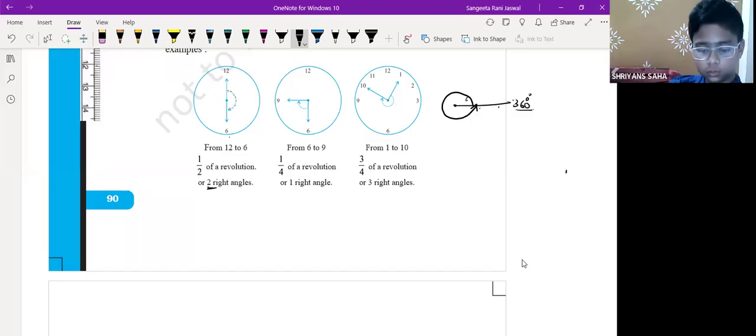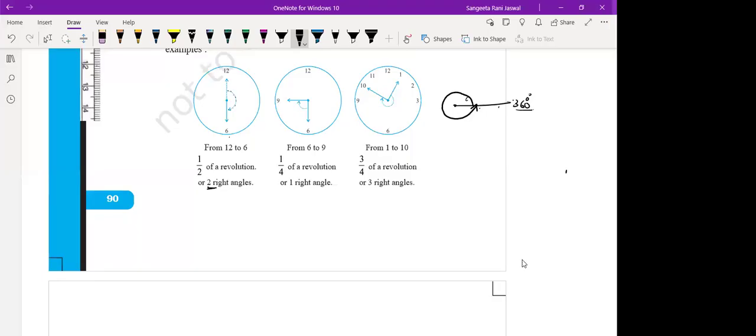Further, you have 1/4 of a revolution. Now your needle is at 6 and it moves 90 degrees in a clockwise direction. So a 90-degree move means 1/4 of a revolution. Why are we saying 1/4? Because 360, when you multiply by 1/4, what do you get? So this means 90 degrees is 1/4 of a revolution.